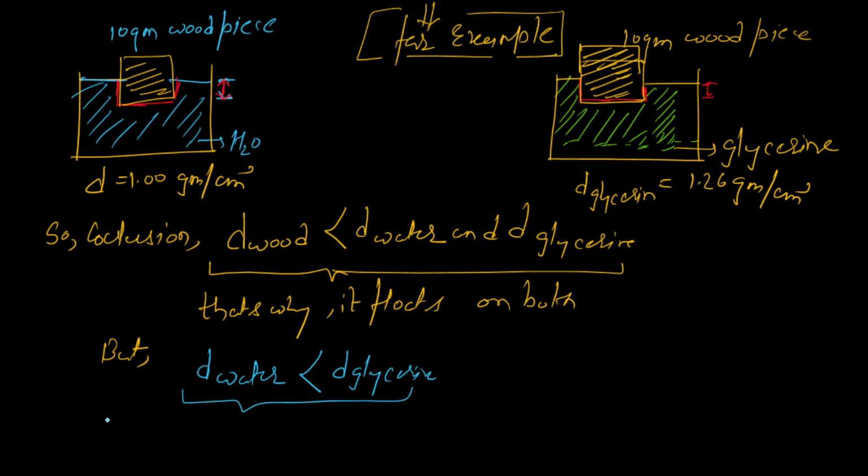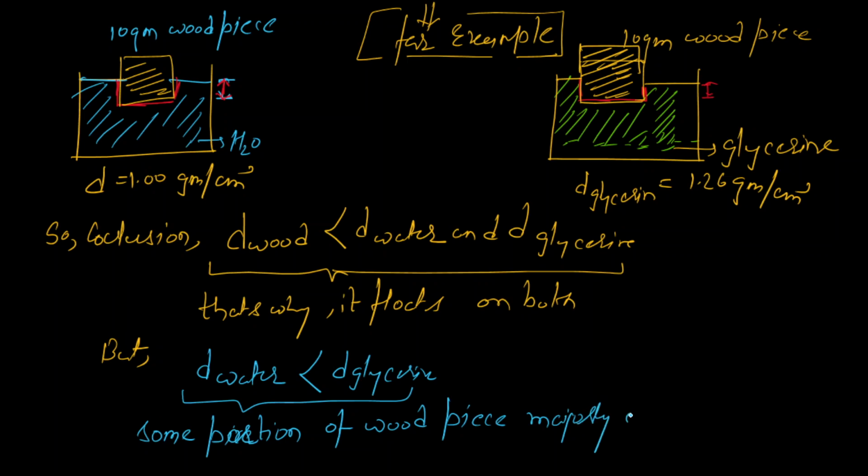Due to this reason, some portion, or we can say some piece, of the wood piece is majorly outside on the glycerin jar.